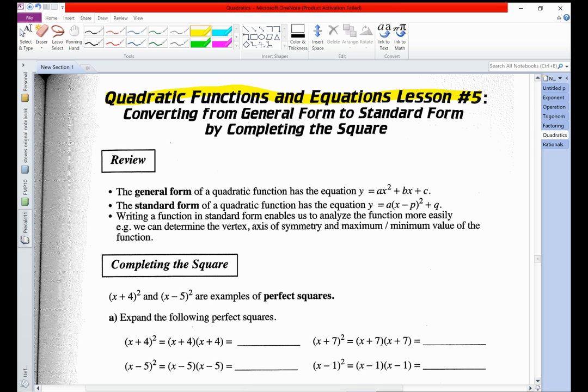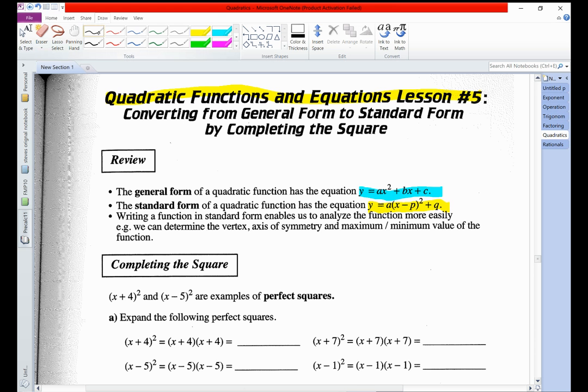So today we are going to look at converting our equation from general form to standard form. We know that standard form offers us a lot more information about our parabola than general form does. Just a reminder that when I say general form, I mean y is equal to ax squared plus bx plus c, and the standard form is what we learned just recently, a multiplied by (x minus p) squared plus q.